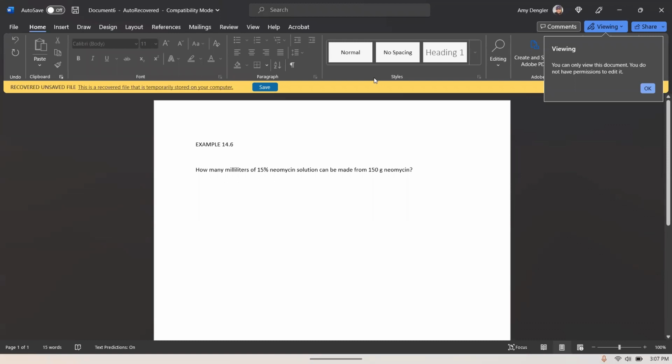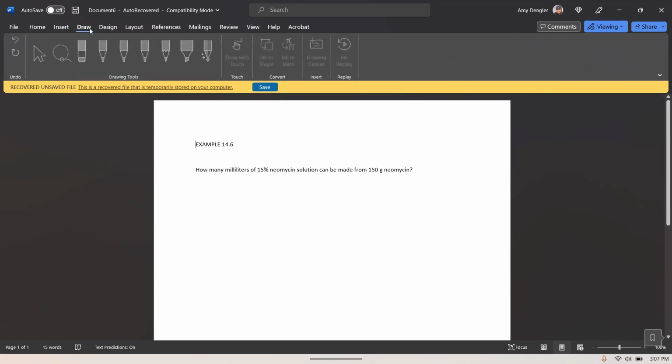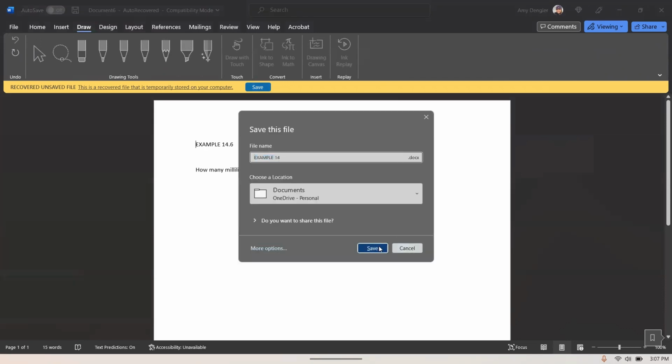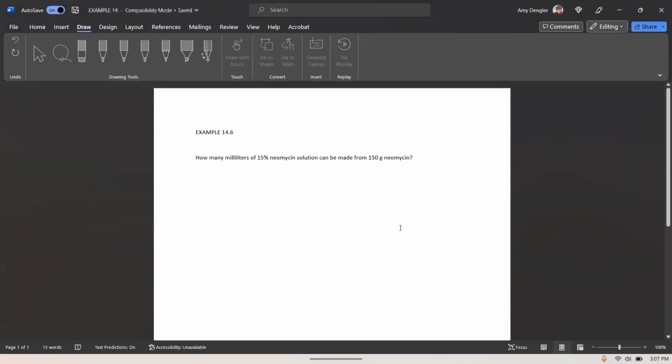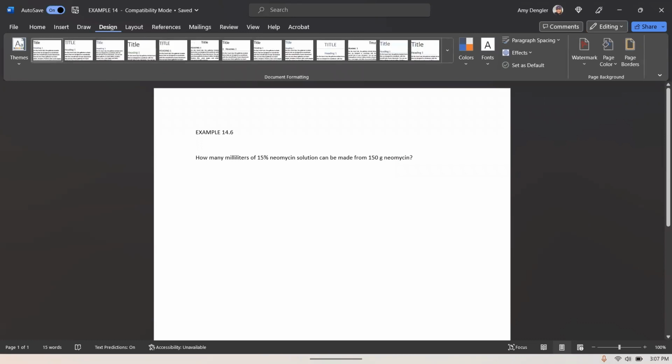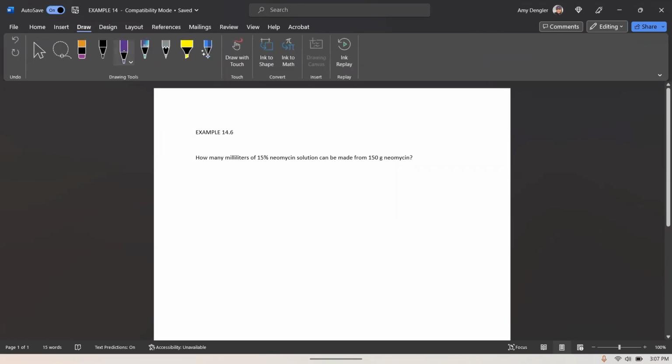Example 14.6, how many milliliters of 15% neomycin solution can be made from 150 grams of neomycin? So of course we're working with percent, so we're gonna take that 15% and turn it into 15 grams over 100 ml.